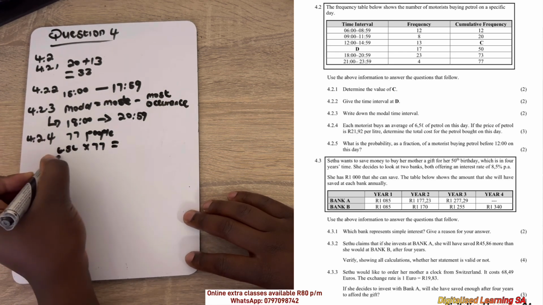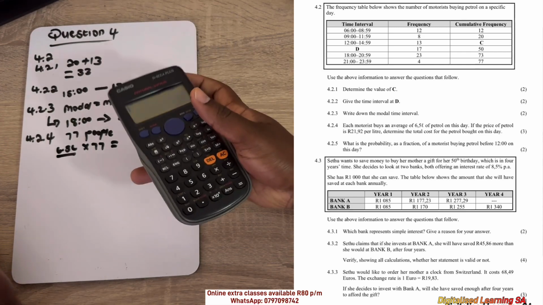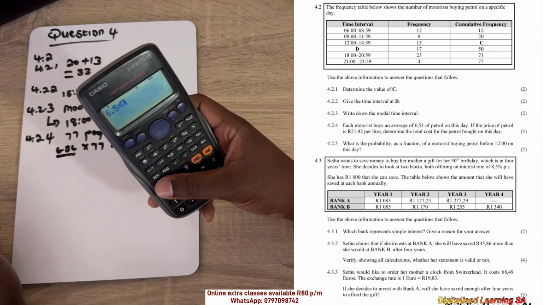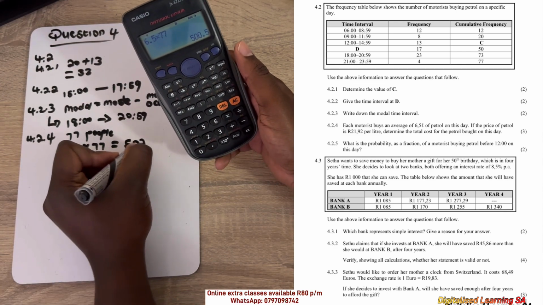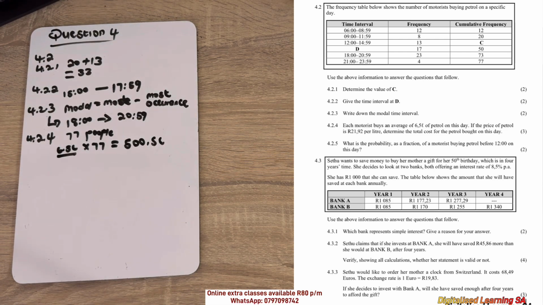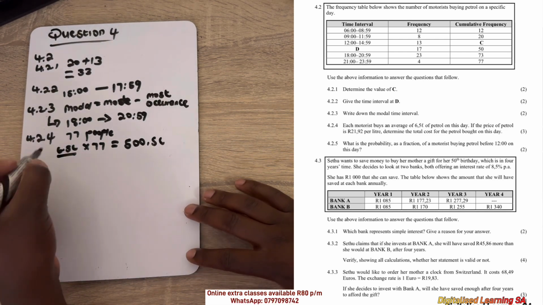Then we will get the number of liters bought on this day. So it will be 6.5 multiplied by 77, and our answer will be 500.5 liters.